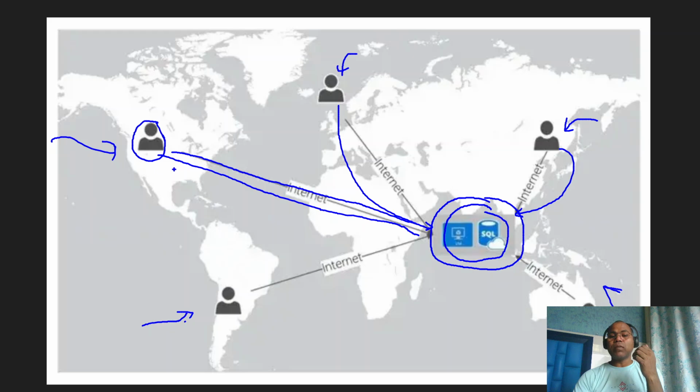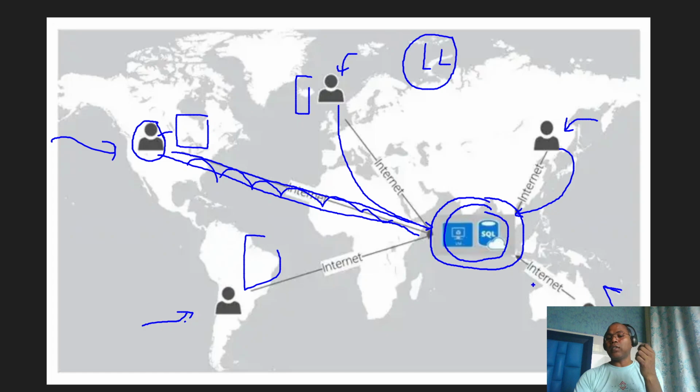Your data travels over the internet, and that takes more time. So the objective of the low latency non-functional requirement is that each customer can get the same data from the nearest data center or nearest web application.